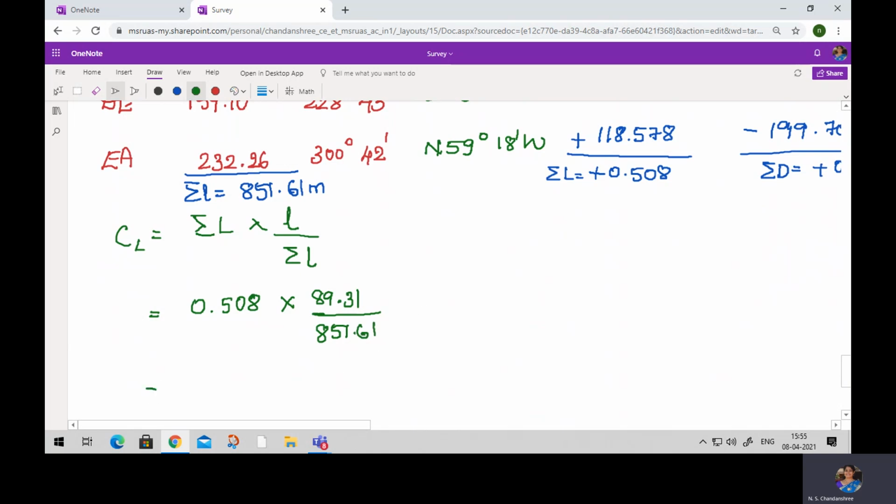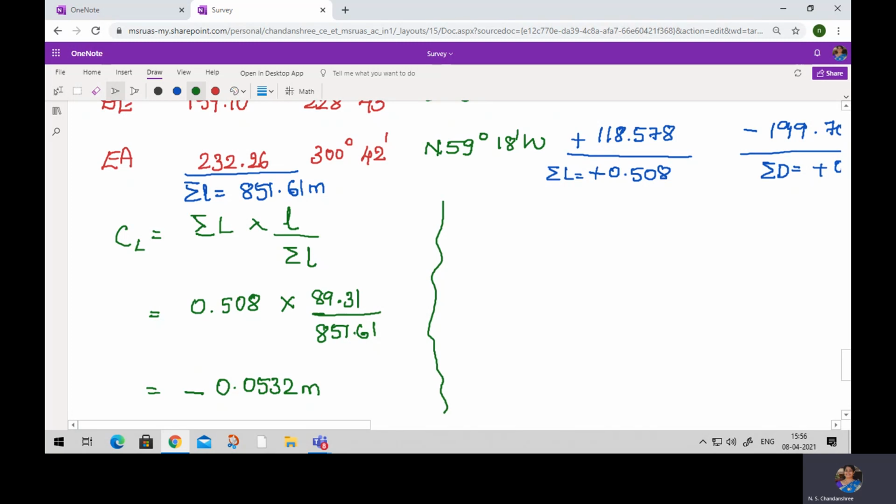So the answer that you will be getting is 0.0532 meters. Now what sign will we use here? If the error is positive here, the correction will have a negative sign.